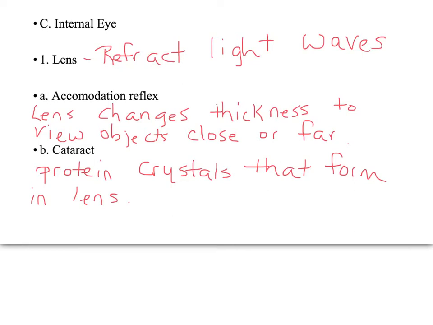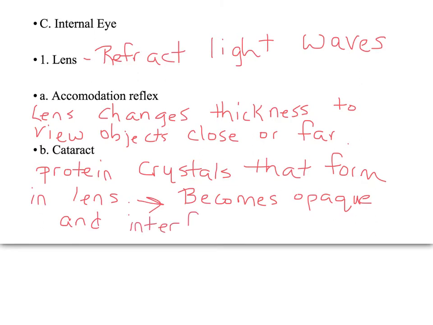So at some point, the lens actually becomes cloudy or opaque, and it interferes with vision. So a lot of people start to complain that what they're seeing looks kind of yellowish and kind of blurry, and then it just gets progressively worse. And at some point, if the cataract becomes extreme, they have to remove it. And what they'll do is replace it with a synthetic lens.